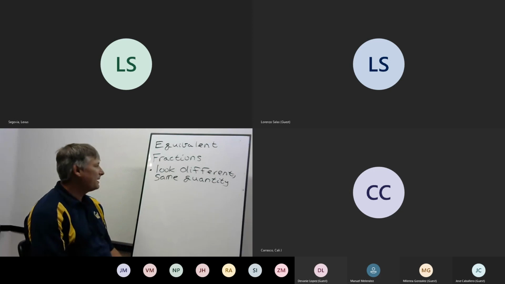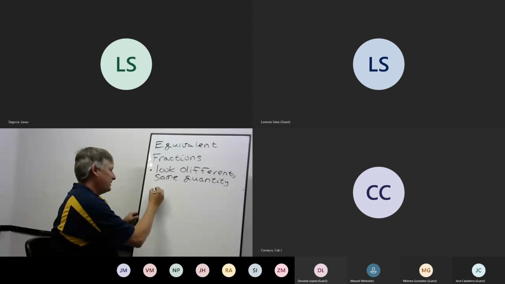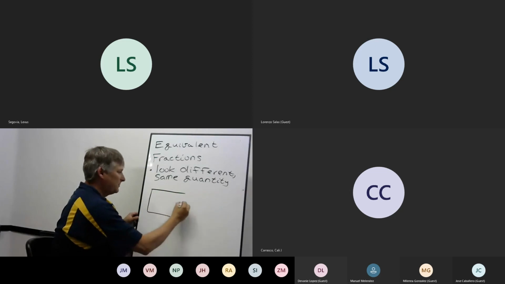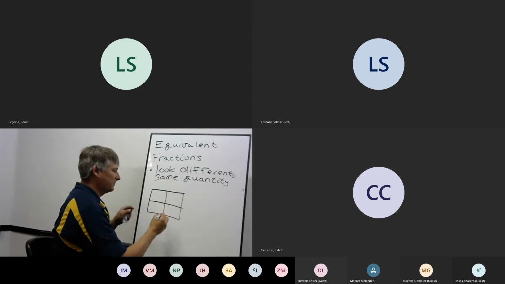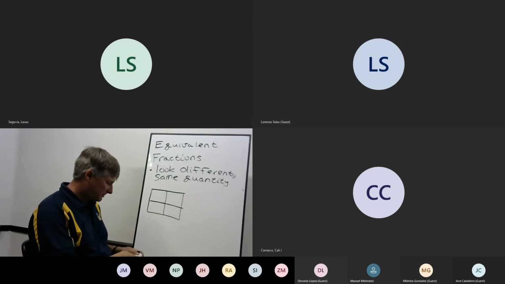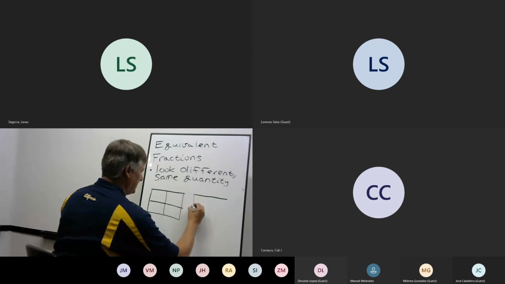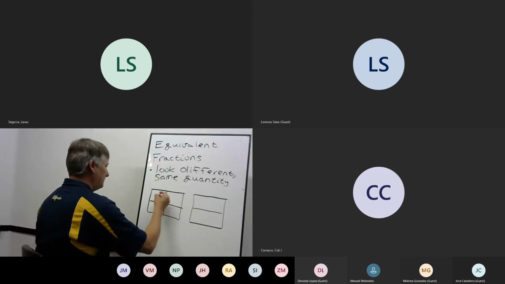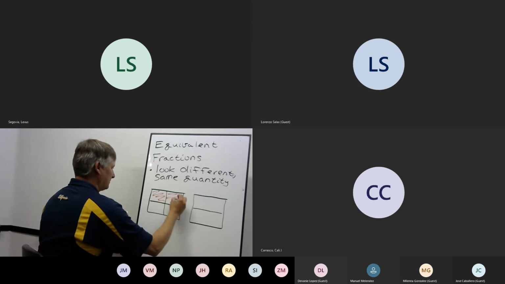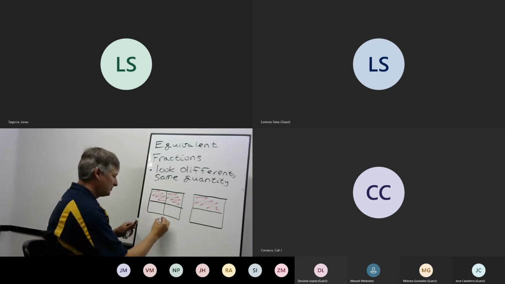So what that means is, and we've seen this already, so this is a review, but it's not a bad review. If we look at this, and then let's take a look at the same sort of rectangle square. This is 2/4.